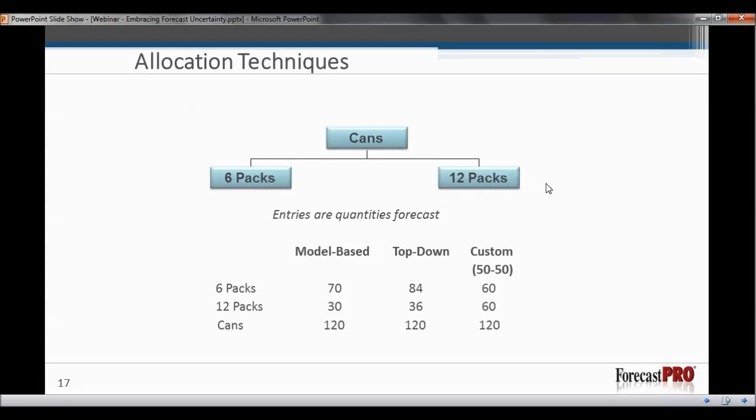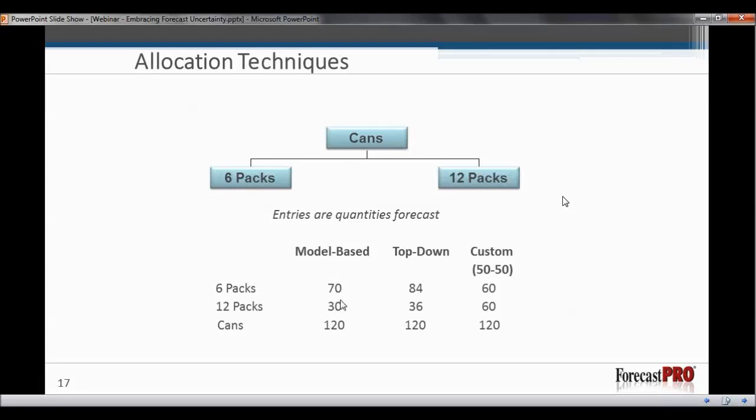Now, if my 6-packs and 12-packs were low volume or sporadic items that were difficult to forecast, I may want to consider forecasting at the group total, where I have higher volume, longer history, more structure, and could produce a better, more accurate forecast. I can do that in the current version of Forecast Pro by going top-down. This would say, lock this forecast of 120, and then based off of the initial forecasts, push this down proportionally to 6-packs and 12-packs.